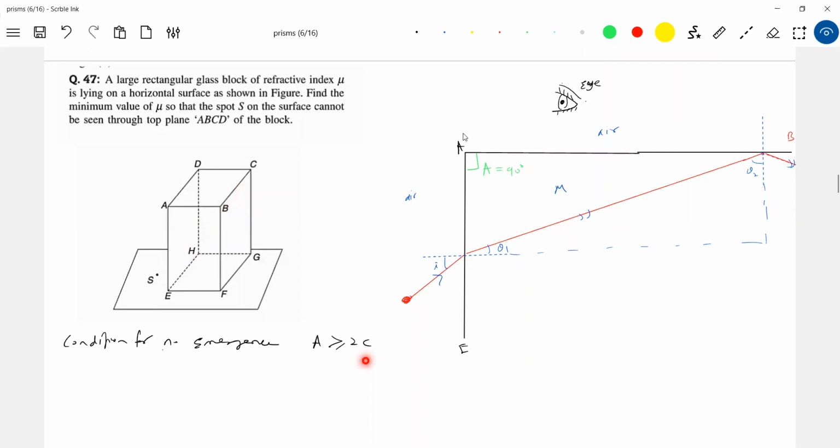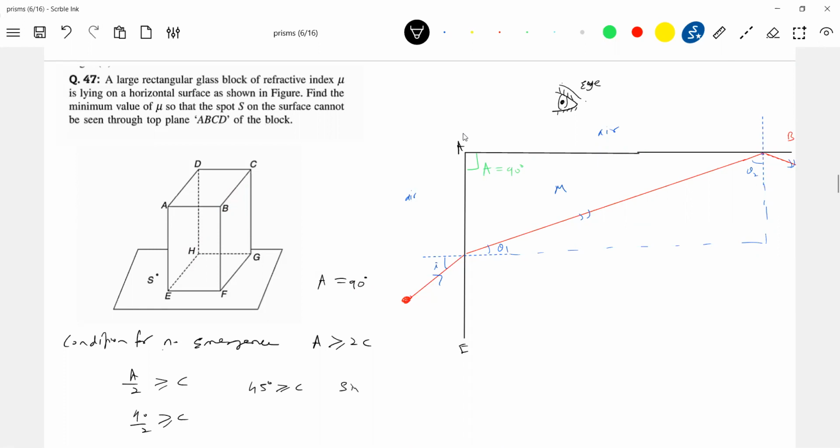So therefore now there's a condition. So what should be A by 2? This A by 2 should be greater than the critical angle. What is the value of A? A is 90 degrees. So therefore 90 by 2 should be, so therefore 45 degrees.